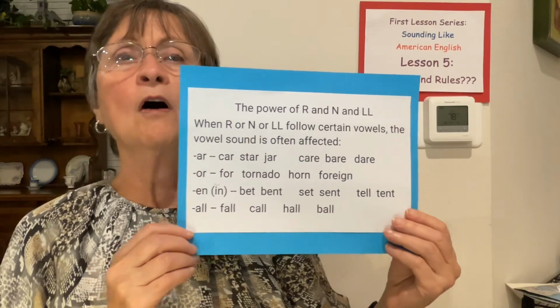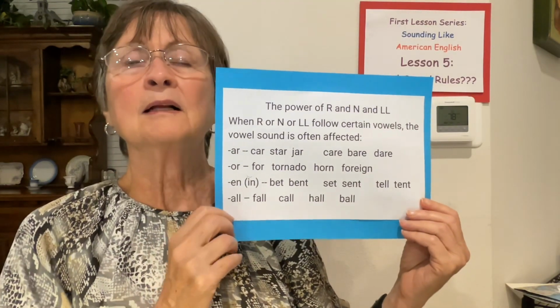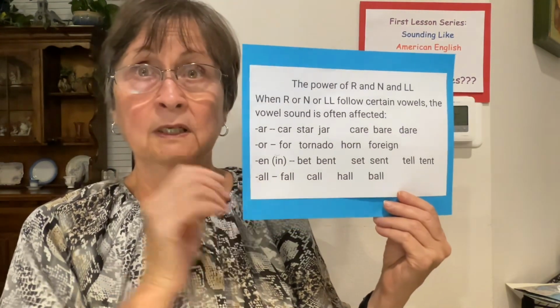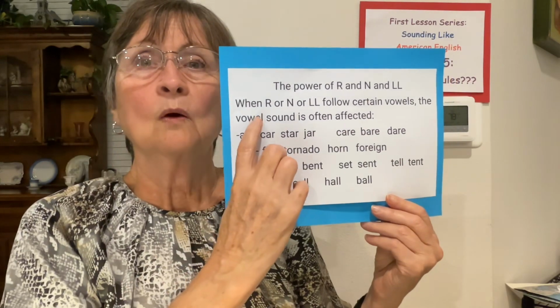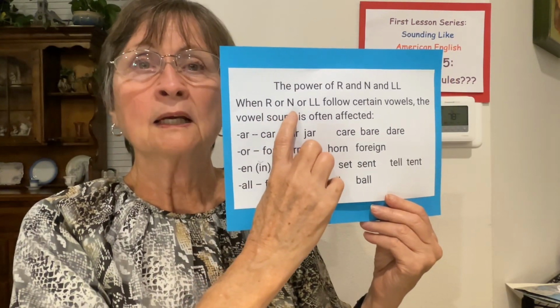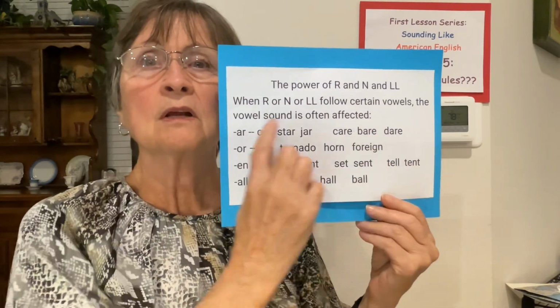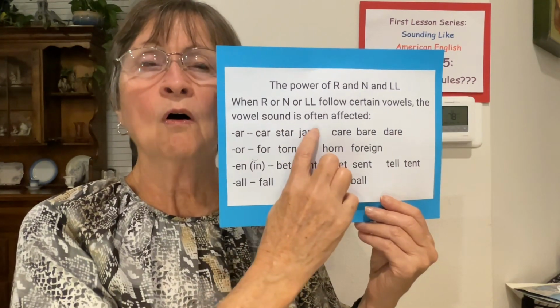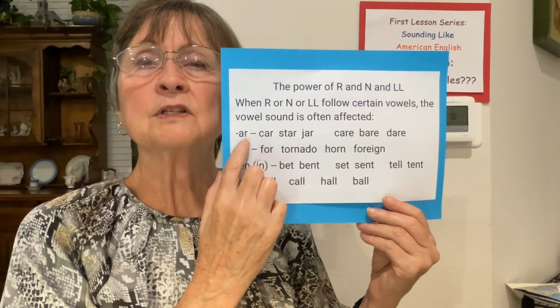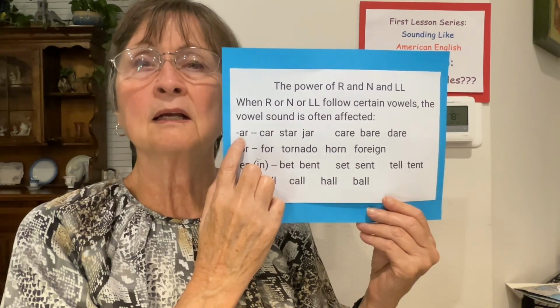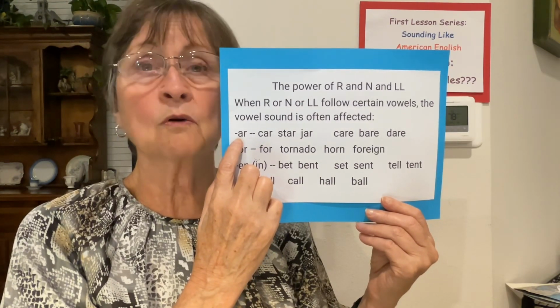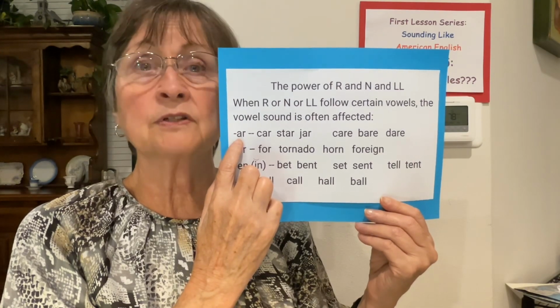So, the power of R and N and double L, they have an effect on vowels. When R or N or LL follow certain vowels, the vowel sound is often affected. For instance, an R after an A, it's not a long A, it's not a short A, it's a different sound.